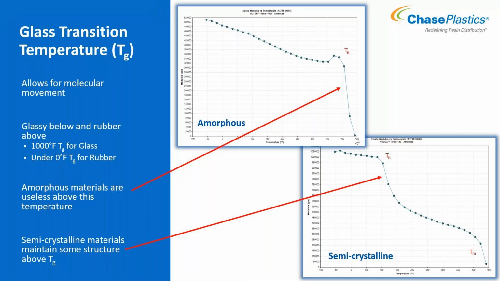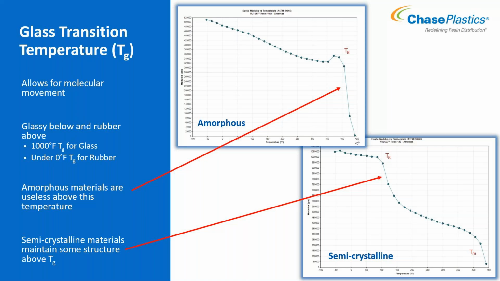You maintain some of it, but you're still going to lose some of it. So if we're designing something, we have to determine how much loss we can take. Could we lose half of its stiffness and have it still perform okay? Is that not acceptable? Knowing these temperatures and their performance is really helpful when we're designing for parts that are going to see elevated temperatures.